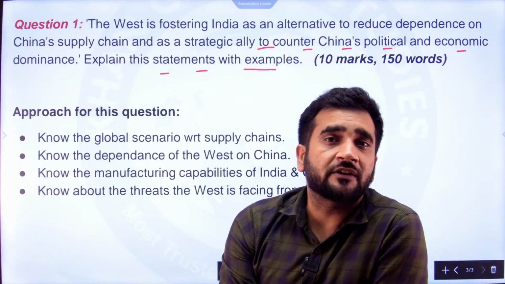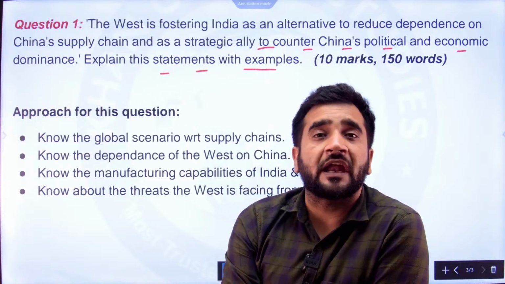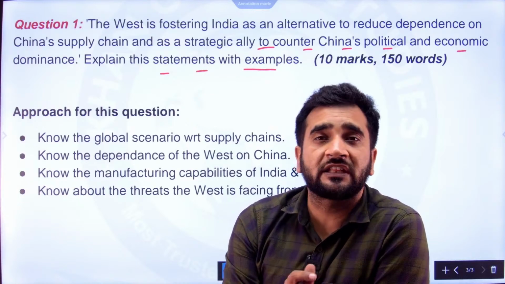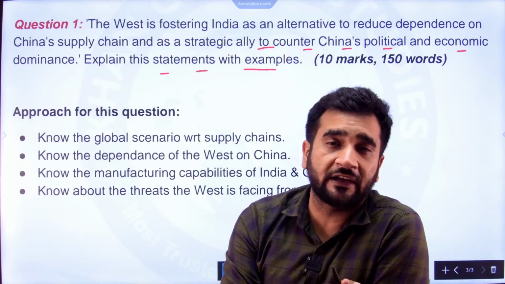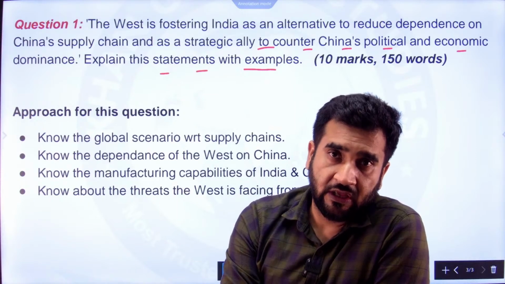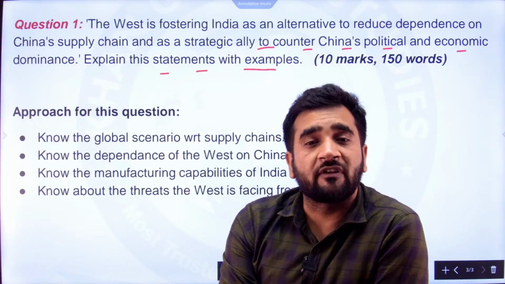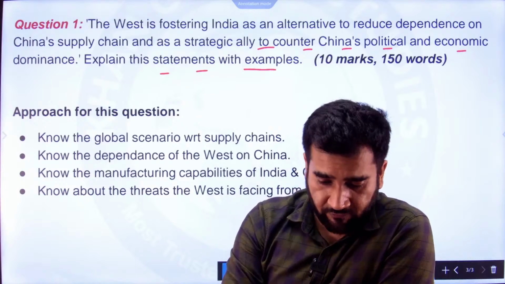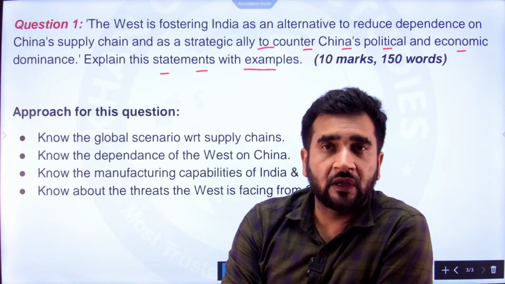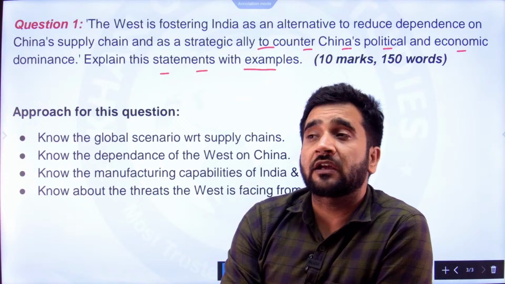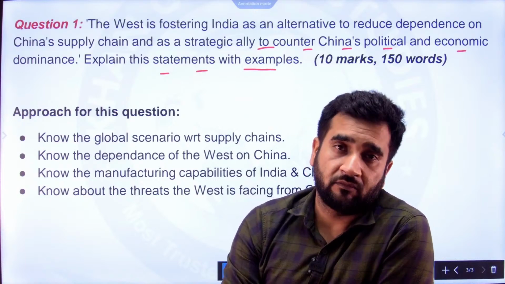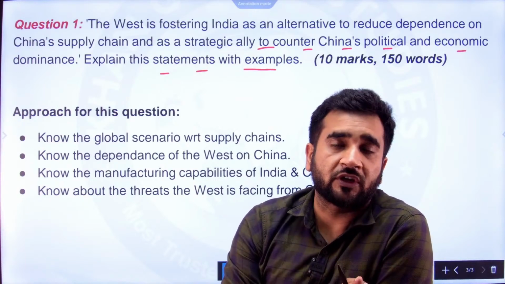In 1976, China did reforms, like we did in 1991, LPG reforms. China focused on developing the secondary sector just after reforms. It became the world's factory in the times to come.